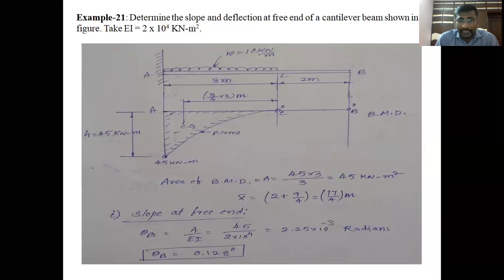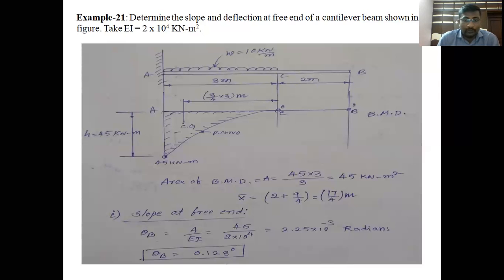If you want to find the slope at point B, the formula is theta B is equal to the area of the bending moment diagram between A and B divided by EI, the flexural rigidity. The area between A and B is 45 kilonewton meter square, divided by EI value, 2 into 10 to the power of 4 kilonewton meter square.